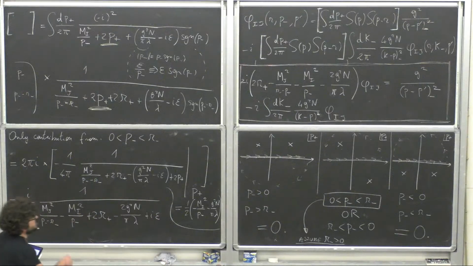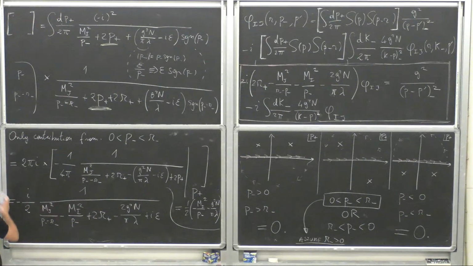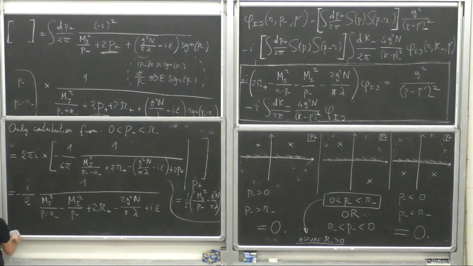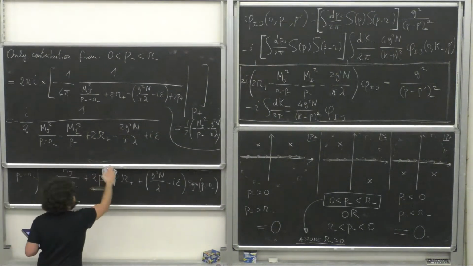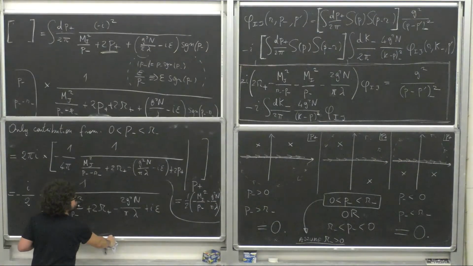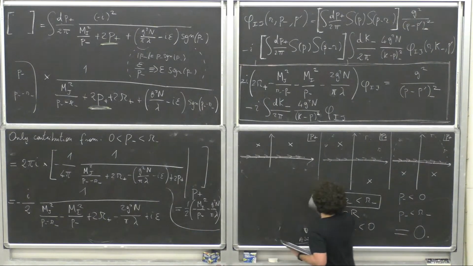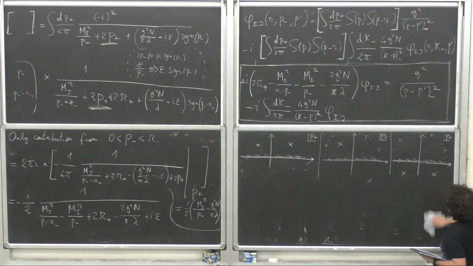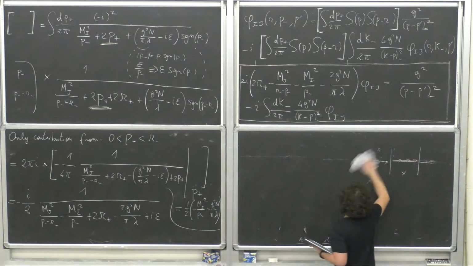So now we are going to open a small parenthesis to get rid of the IR divergences. So let's see how to get rid of them.